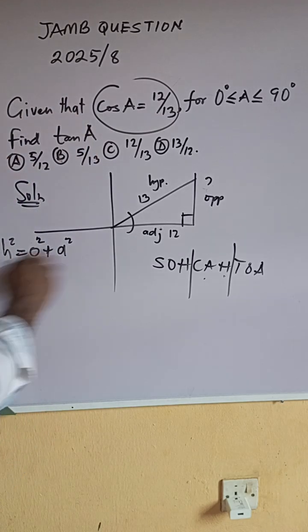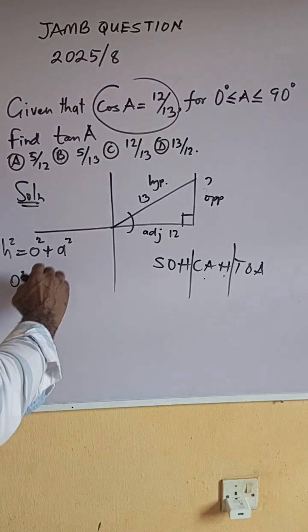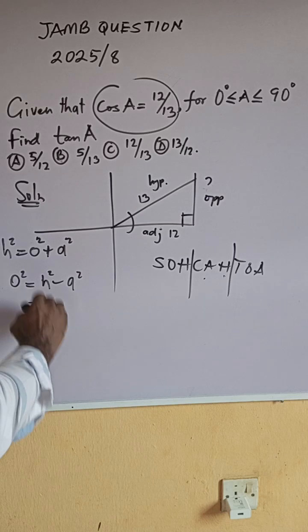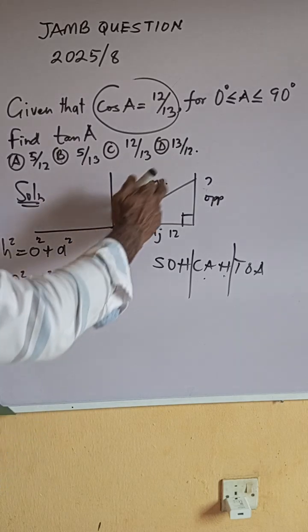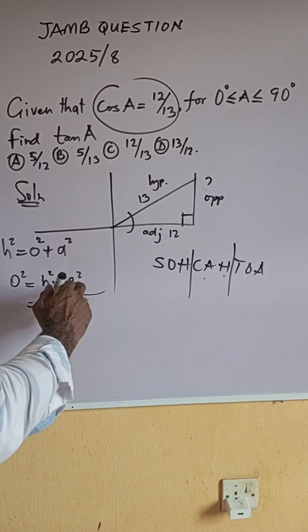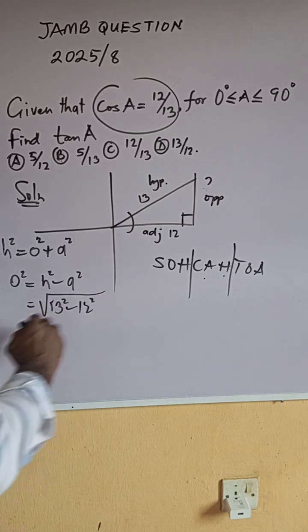So opposite square, o square, is equal to h square minus a square. And from the question, hypotenuse is 13, so 13 square minus adjacent square, which is 12 square.